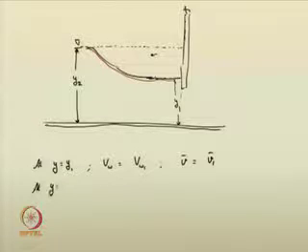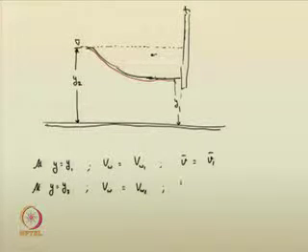At y is equal to y 2, we have V w is equal to V w 2 and V bar is equal to V 2 bar. That was a known quantity to you. V 2 bar should be a known quantity, because that was the velocity existing before the raising of the sluice gate.